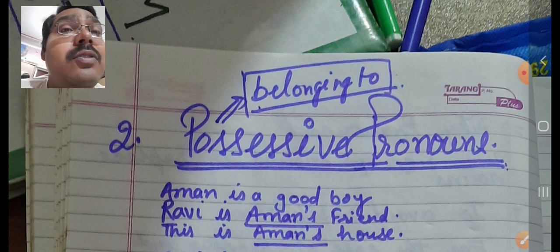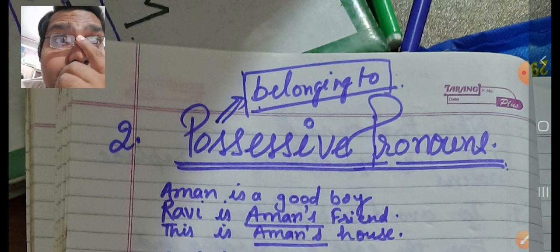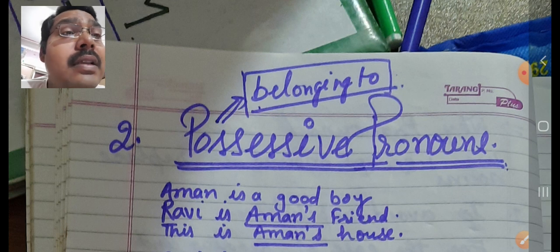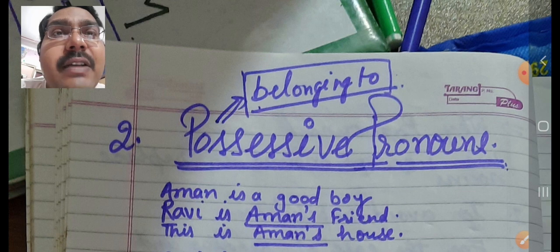Also, I told you about kinds of pronouns. The first one I told you about was personal pronouns. In that, I told you that there are three persons in pronouns: first person, second person, and third person. First person pronoun subjects are I and we, and their objects are me and us.